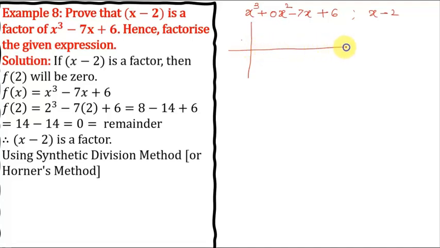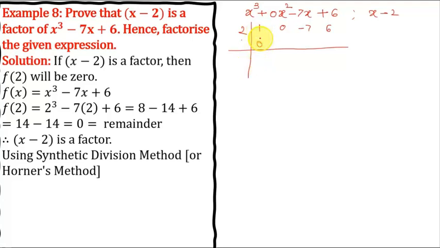Now, write first of all this polynomial in decreasing order, that is x cube, x square, x and constant. Now take the coefficient of x cube. Coefficient of x cube is 1 here. Next is 0. Coefficient of x is minus 7 and constant term is 6. X minus 2 is a factor. Therefore, x is equal to 2 here. Okay. Opposite sign of this minus 2 is plus 2. First here, write 0.